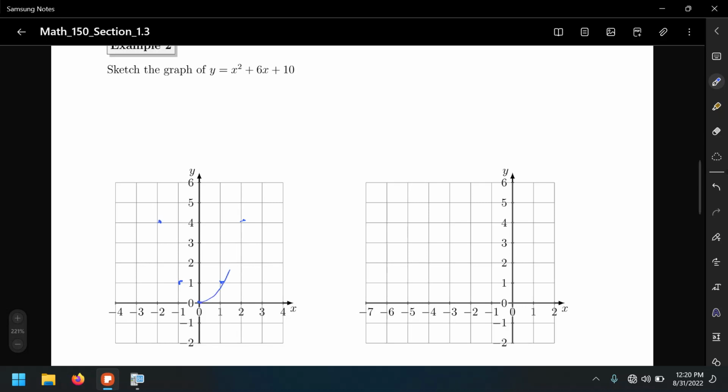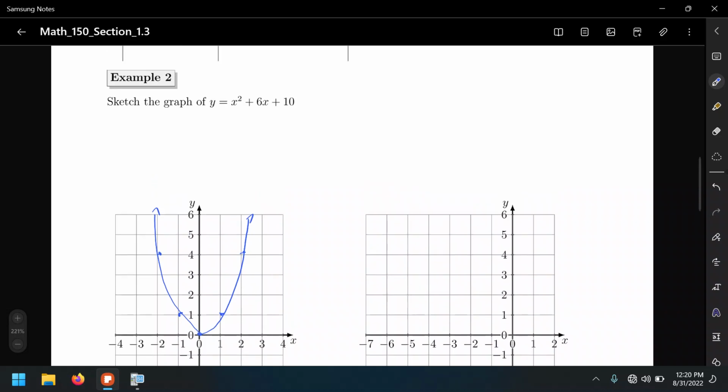That's the original parabola y equals x squared. This is our starting point, and then from there we're going to shift. But again, the form of this trinomial is not one that we can use shifts with. So we are going to write it in vertex form.